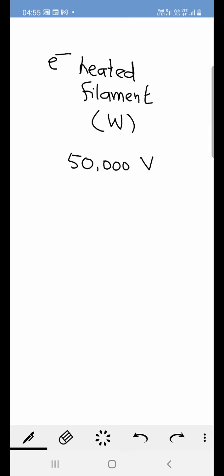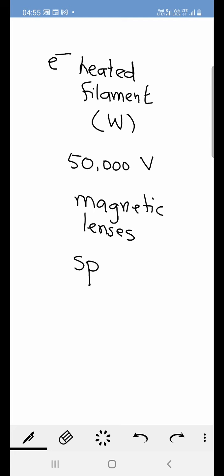After they have been accelerated, they come into the effect of two magnetic lenses. After passing through these magnetic lenses, they are allowed to strike a specimen and produce a diffraction pattern.